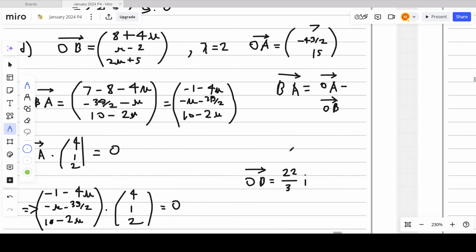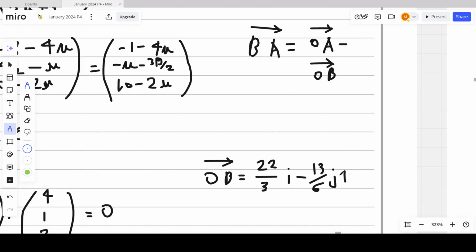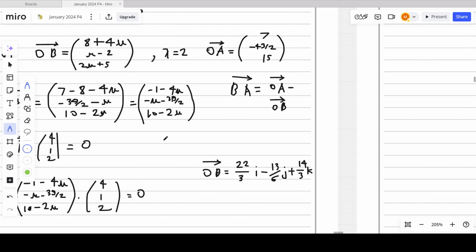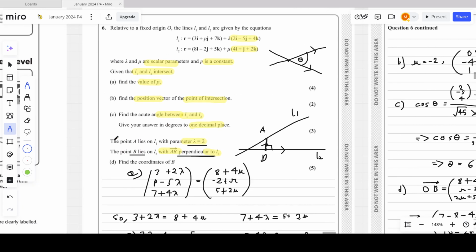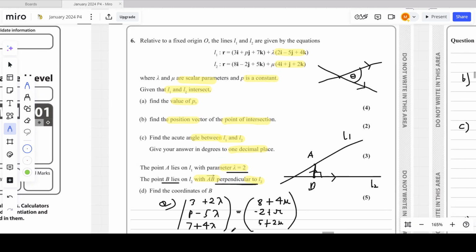Negative 1/6 minus 2, that is negative 13/6 j, and at last negative 1/3 plus 5, that would be plus 14/3 k, and that's the coordinates, the position vector of point B. And that's the end of question number 6 from P4 January 2024 paper. Fine.